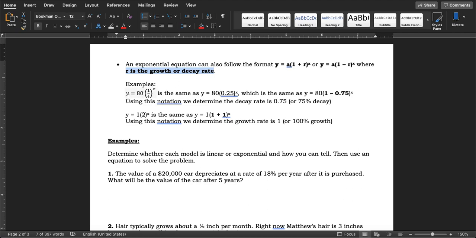For example, let's say I wanted to express my first equation in this notation using one of these formulas. So remember, the first equation we looked at was 80 times 1 over 4 to the power of x. Really, the only part I have to focus on is what's inside the parentheses, because notice that's what changed. Y is still the same, a is still the same, x is still the same.